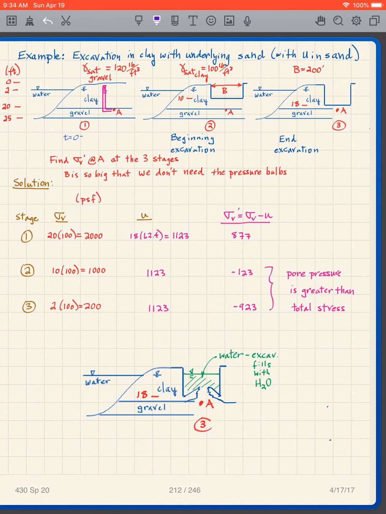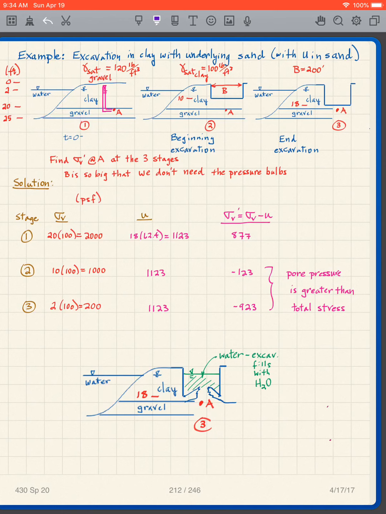Our goal is to create a basement for a structure, and the basement is intended to be 18 feet deep, for instance. The ground level is at 0, water level is at 2, gravel is at 20 to 25 feet.